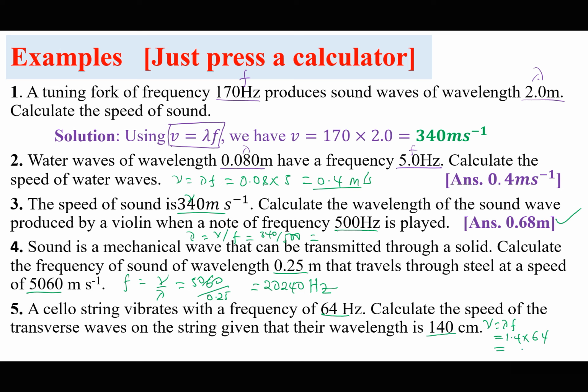Always ensure that the units match. If one is in SI units, you can make the other also SI. So because frequency is in SI units, which is hertz, then the other one should also be in SI units. So this is approximately 89.6 meters per second as the speed.